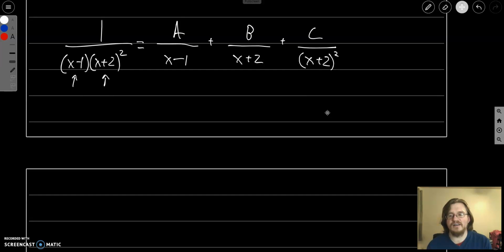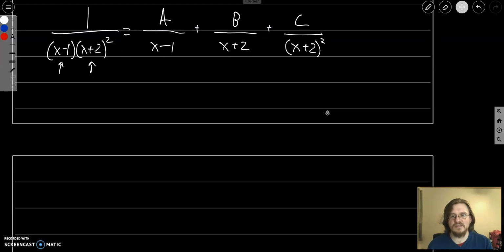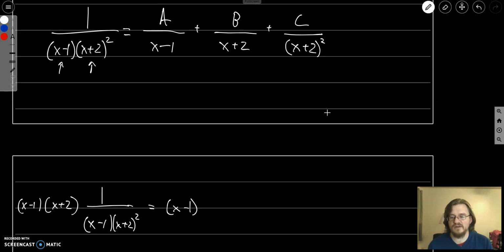Again, I'm going to multiply everything by this denominator to try to cancel some things out. So if we multiply the left-hand side, x minus 1 times x plus 2 squared times 1 over x minus 1 times x plus 2 squared will be equal to x minus 1 times x plus 2 squared times the first fraction.